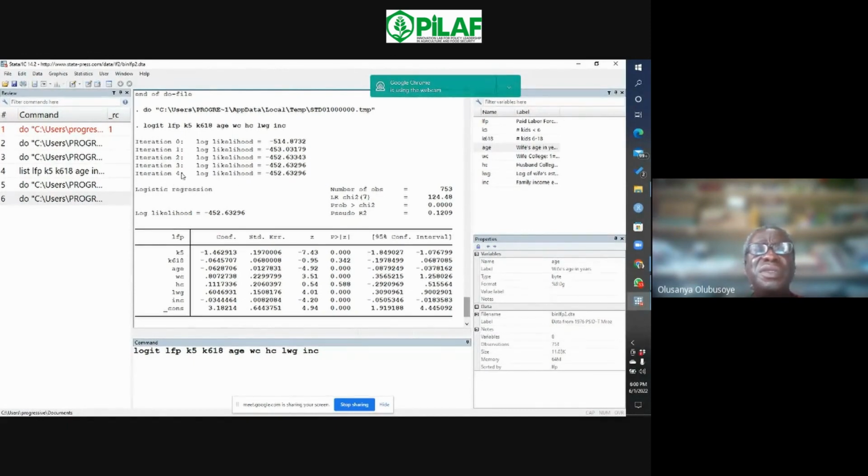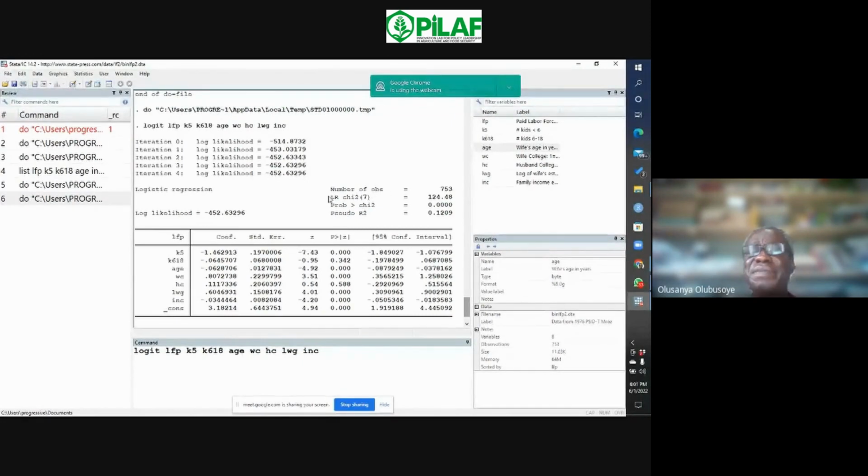It reaches convergence after the 4th iteration, and so it stops. This is what is happening here. It started from -514 and is maximizing, so this is bigger than this. It is up from -514 to -452. So this is the maximum log likelihood.